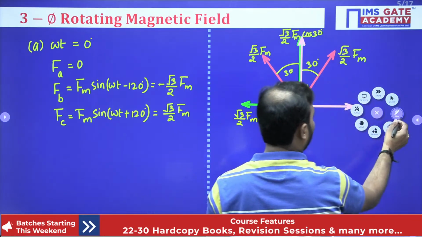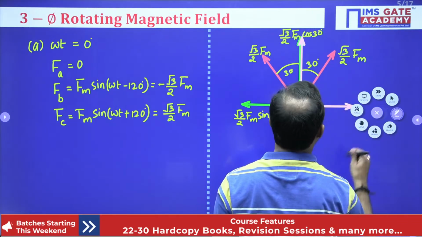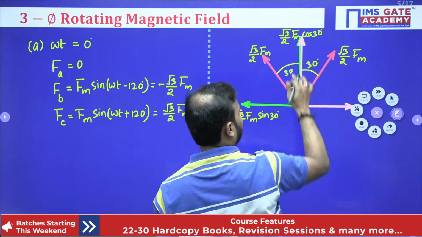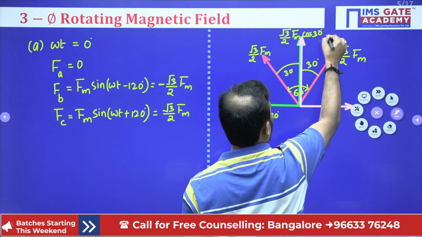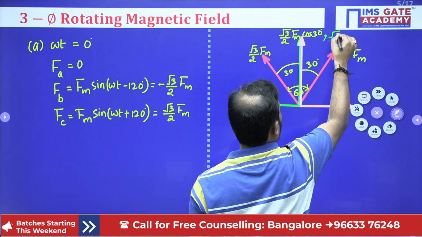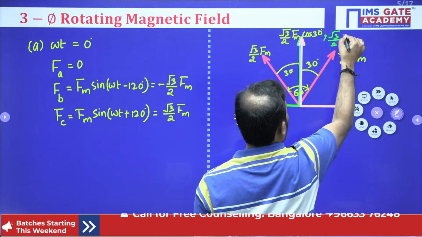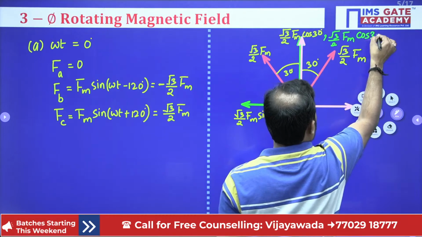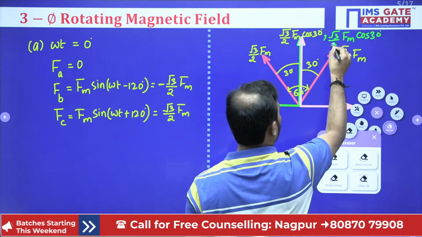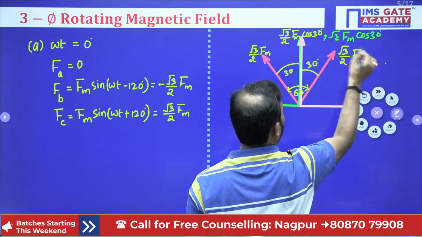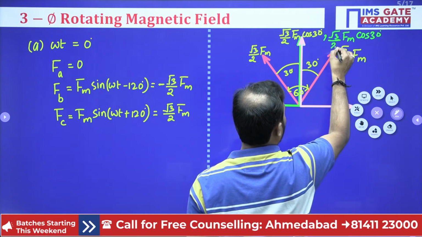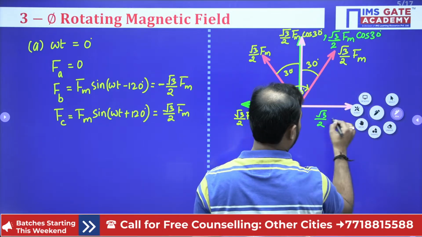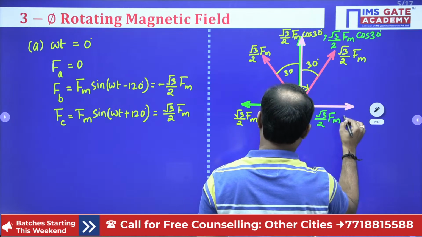And for this FB, we're going to have the component as root 3 by 2 FM cos 30 degree, and this will be root 3 by 2 FM sin 30.